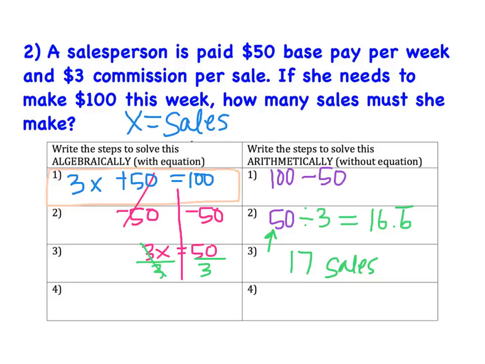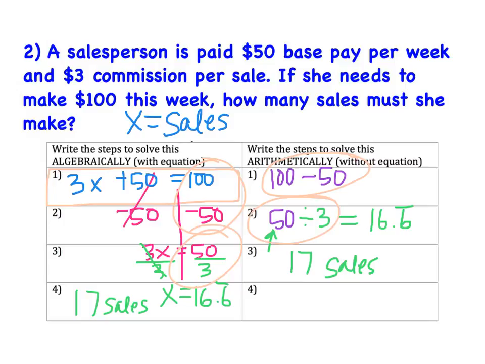So the 3 cancels out, and I get x equals 16.6 repeated, which we know we need to round to 17 sales from our previous example. Okay, so let's compare. We are starting with 100 and subtracting 50 in both examples. Then we're taking 50 and dividing it by 3 in both examples, and we end up with the same final answers.